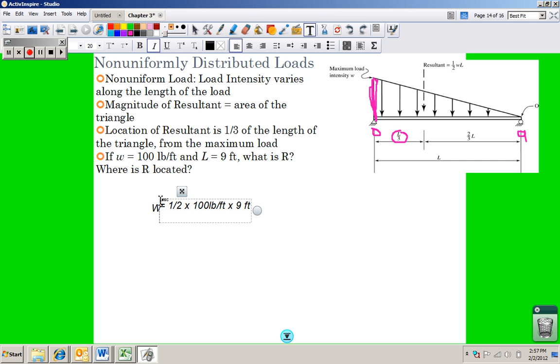So that load is going to be equal to 450 pounds.